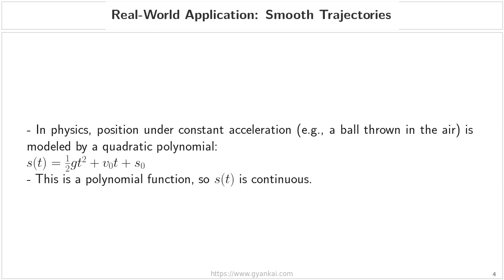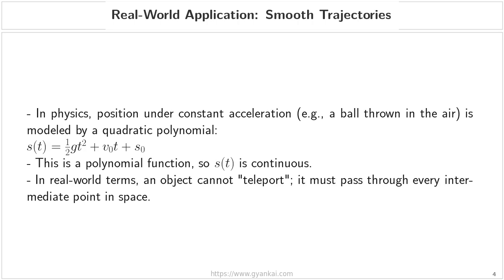Since this equation is a polynomial function, we can apply the logic we just discussed to conclude that the function s of t is continuous. To understand this in practical terms, consider the motion of the object. In the physical world, an object cannot simply teleport from one position to another.